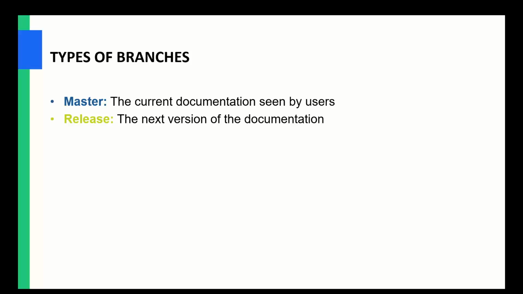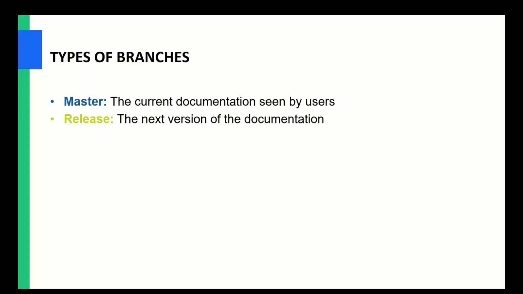Now the next branch is called release, and this is the next version of your documentation. It's what's coming next. It's the collection of all the stuff you're working on. For example, maybe you've got a product and it's currently on version 4 and you're working on documentation for version 5. So the master branch has the version 4 documentation and the release branch has the version 5 documentation.